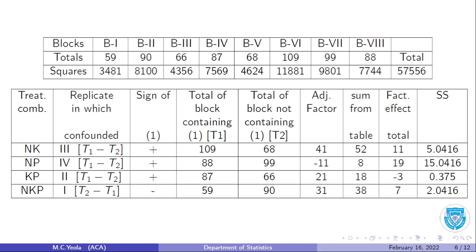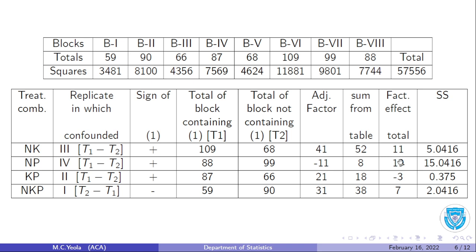Whatever total we are having, we are getting from the remaining 3 replicates. The remaining 3 replicates contain 8 into 3, 24 observations. So we are getting this factorial effect total from the remaining 3 replicates.